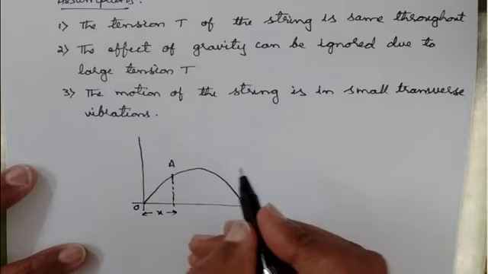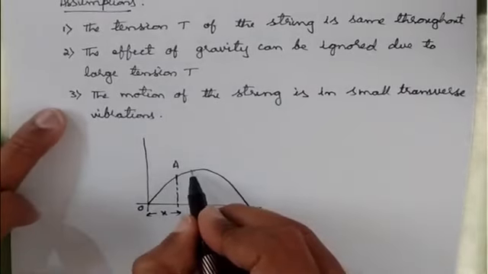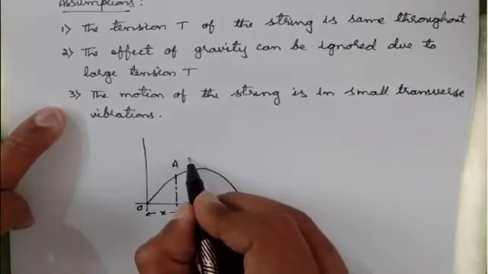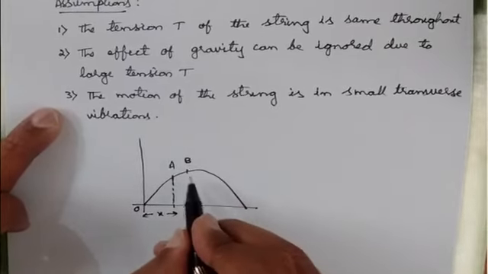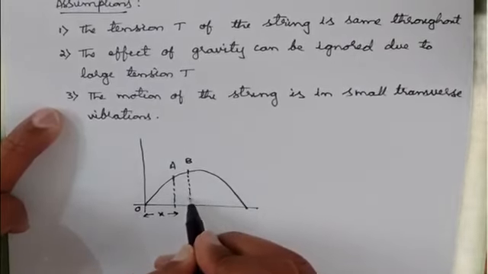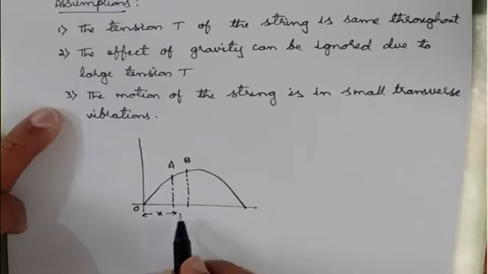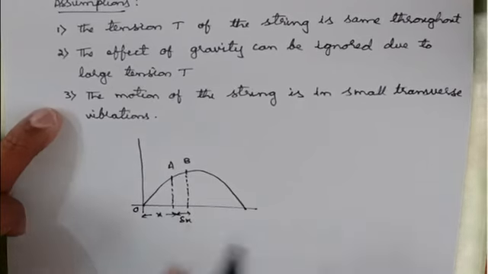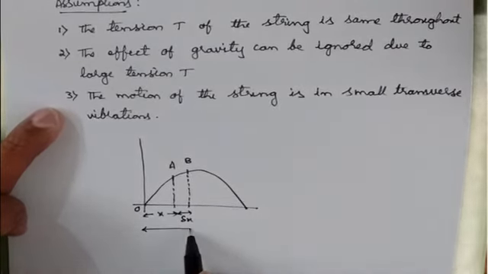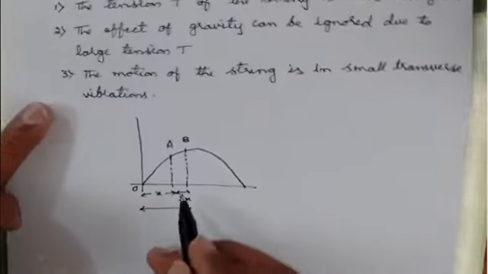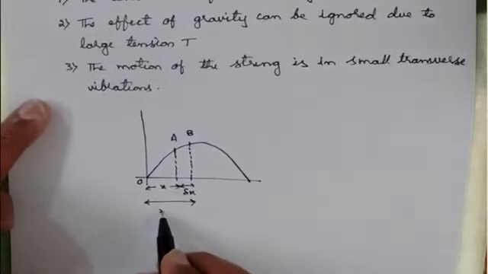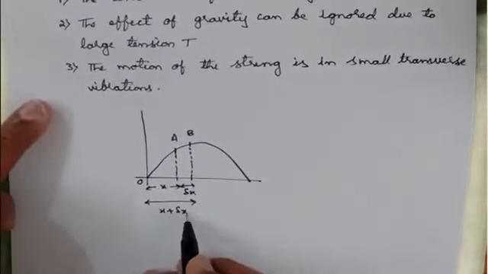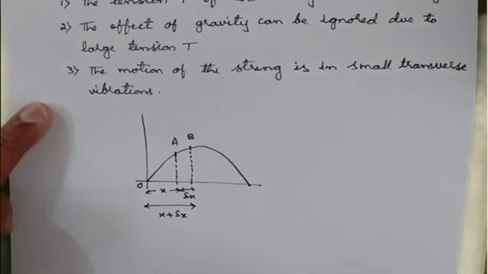Let me take another point B very close to A. This distance is x, and this small distance is delta x. So the total distance from the origin to the point B will be x plus delta x.